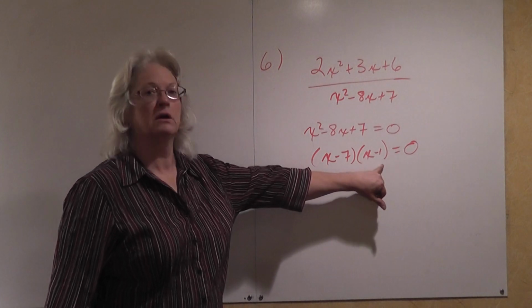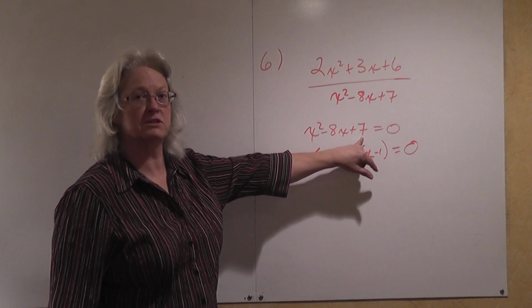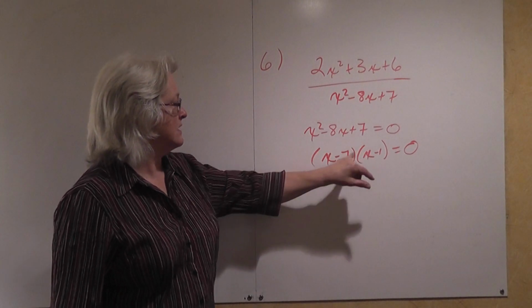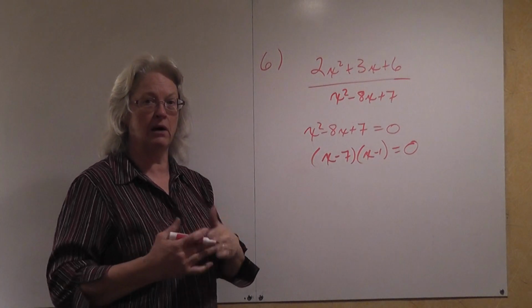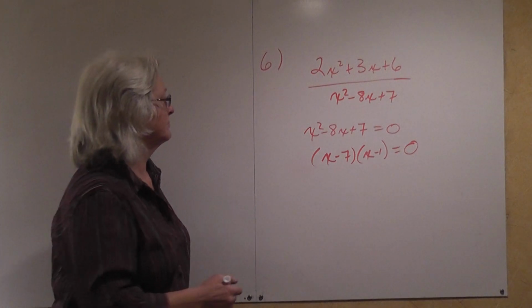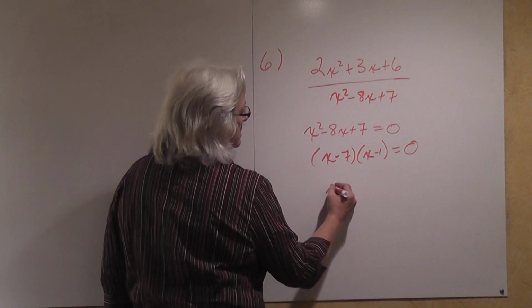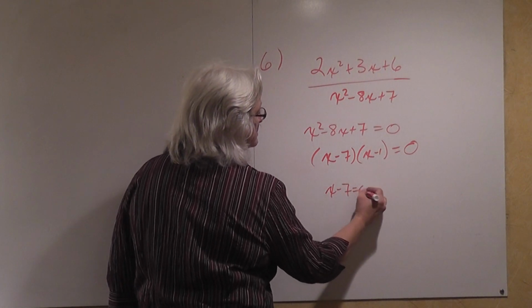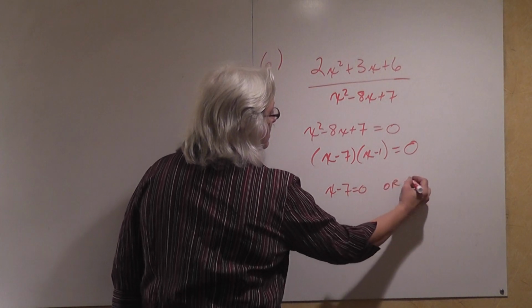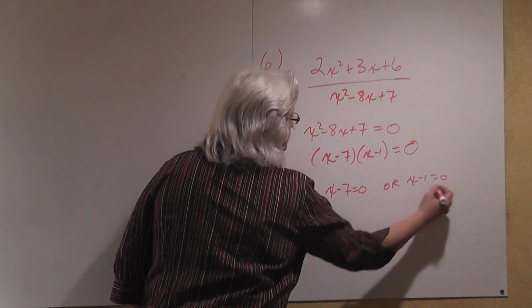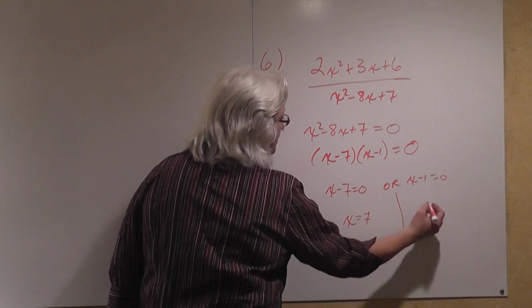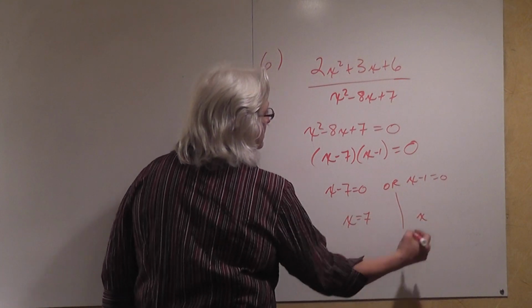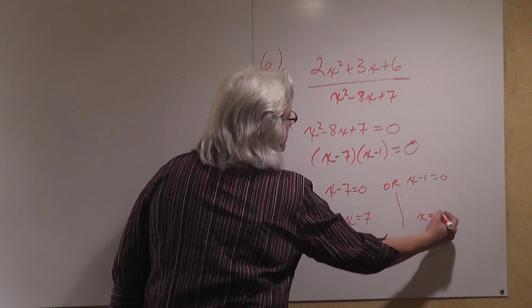Negative 7 times the negative 1 is positive 7. Negative 7 plus a negative 1 gives us a negative 8. So we now have our factored form. So this would be x minus 7 equals 0, or x minus 1 equals 0. So this rational expression is undefined for two values.